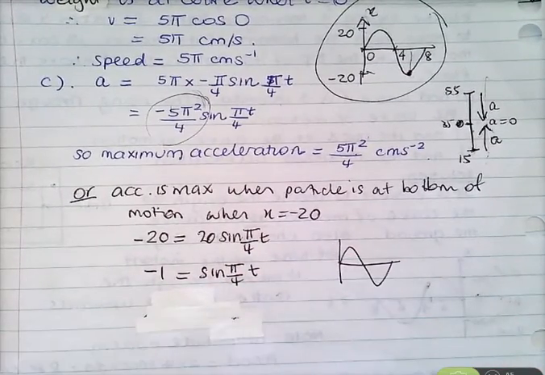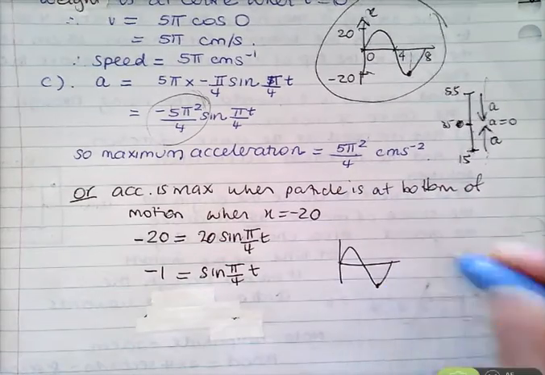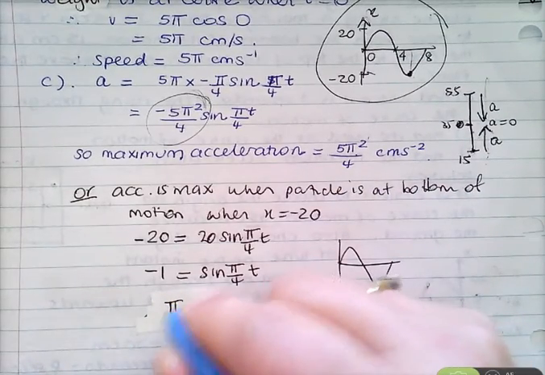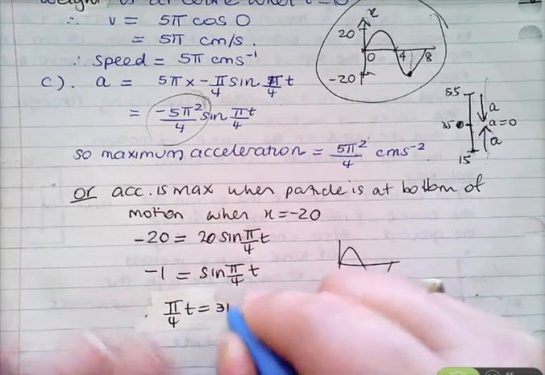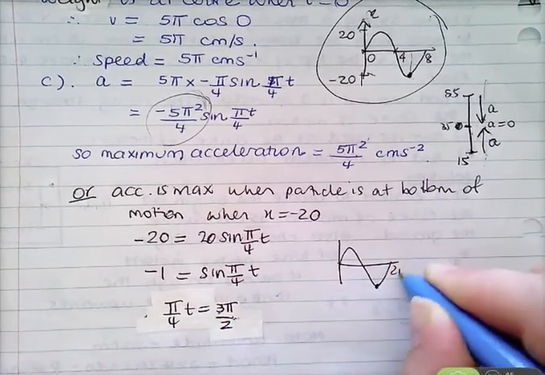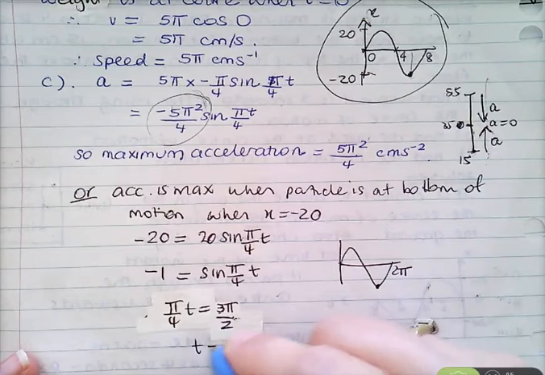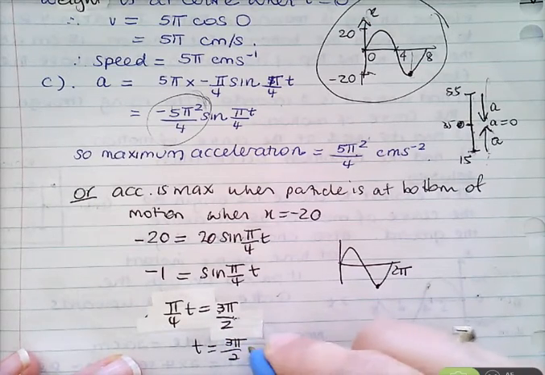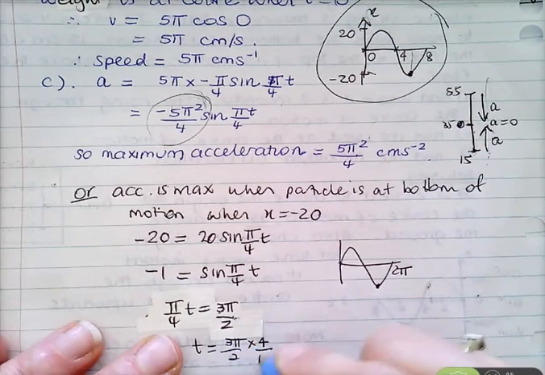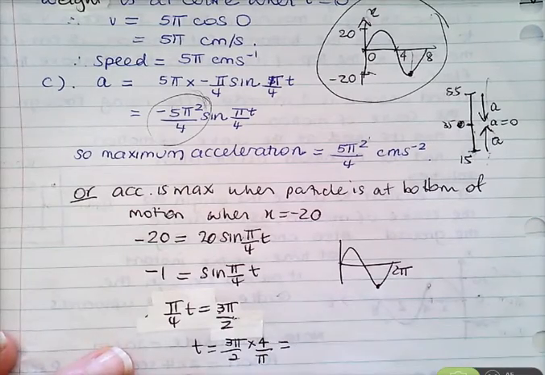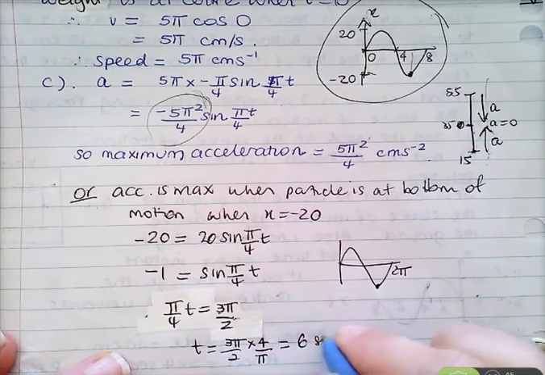So sine of what is negative 1, and it's 3 pi on 2. So therefore pi on 4t equals 3 pi on 2, so t is 3 pi on 2 divided by pi on 4, or times 4 on pi, which is 6 seconds.